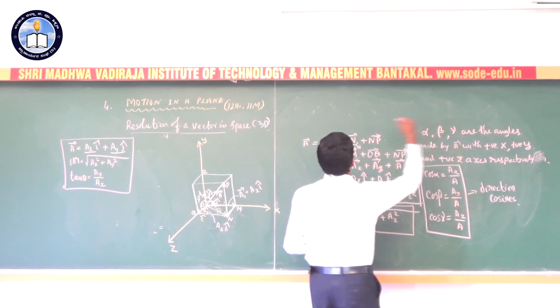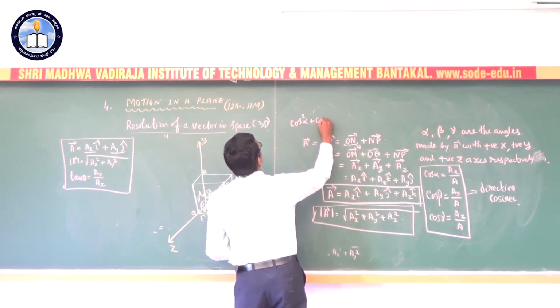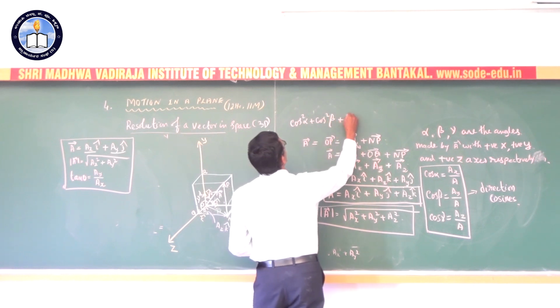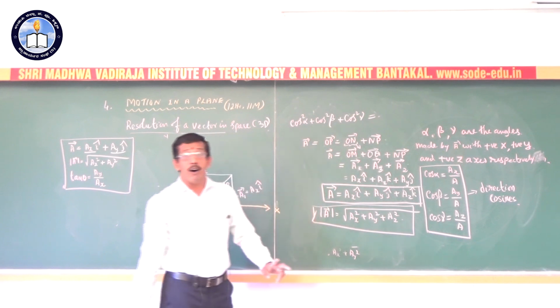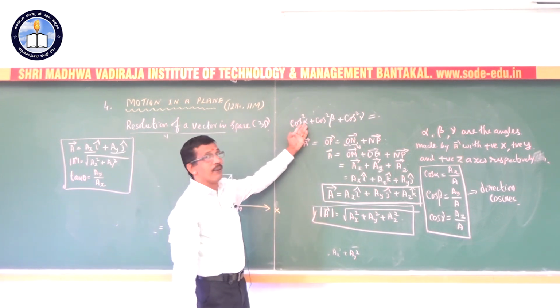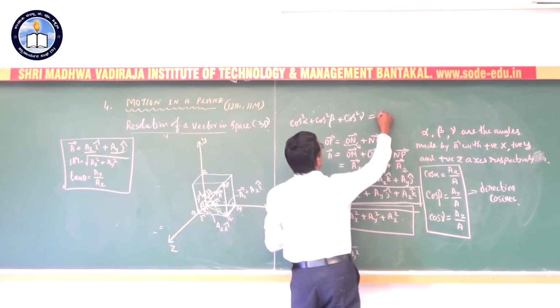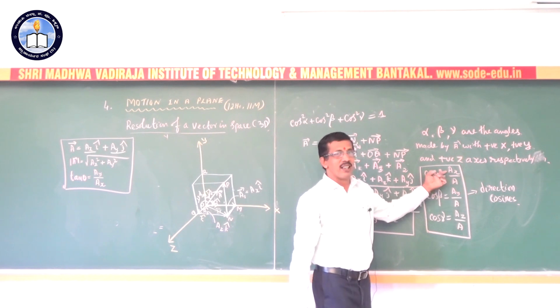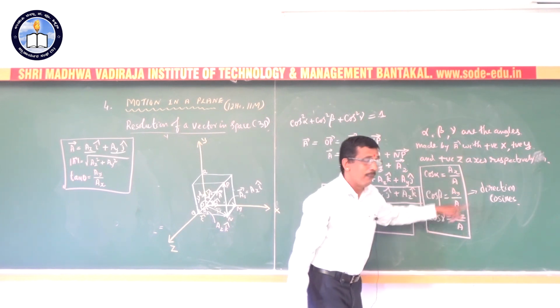Just tell me what we get: cos square alpha plus cos square beta plus cos square gamma. The sum of squares of direction cosines will give unity, 1, because if we square this, square this, square this and add, we get 1.